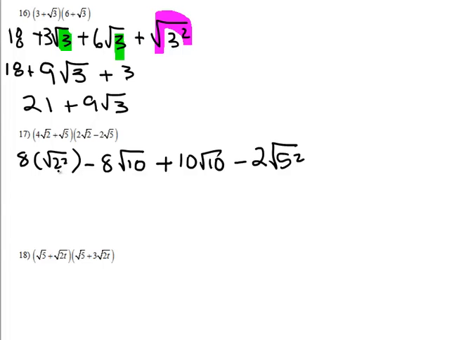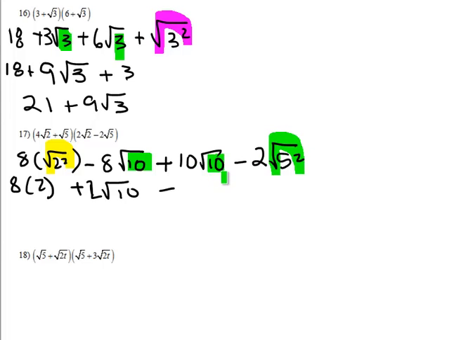So now let's simplify. That leaves behind the 2, so I'll have 8 times 2 minus, here I have some like terms. 10 minus 8 is 2, so it's plus 2 times the square root of 10. And then here, my last one is the same as, remember I have this, so minus 2 times 5.